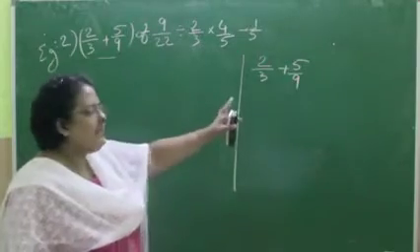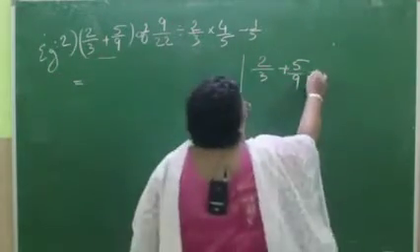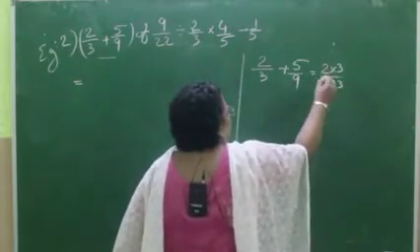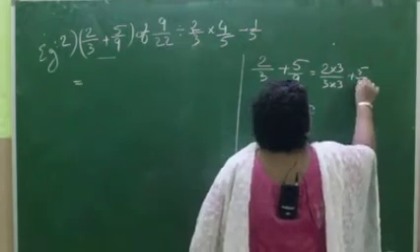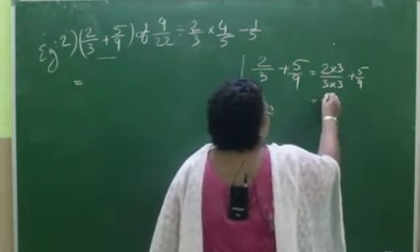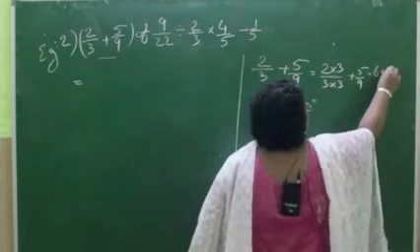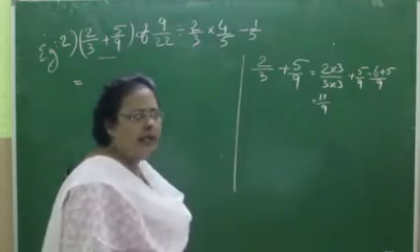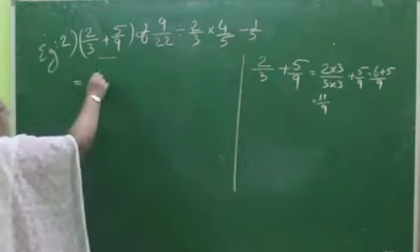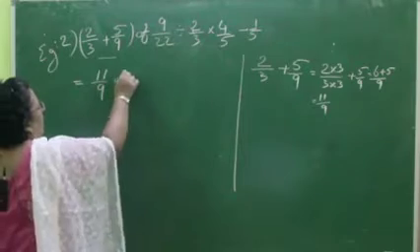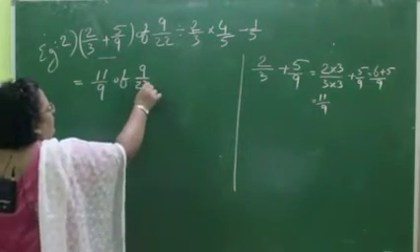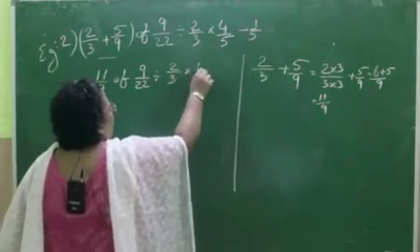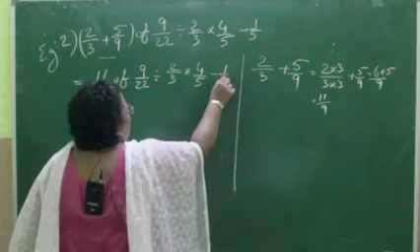Here 9 is the LCM. So that is equal to 2 multiplied by 3 by 3 multiplied by 3 plus 5 by 9, that is equal to 6 plus 5 by 9, that is 11 by 9. Okay, 11 by 9. I am writing this 11 by 9 here, of 9 by 22 divided by 2 by 3 multiplied by 4 by 5 minus 1 by 5.